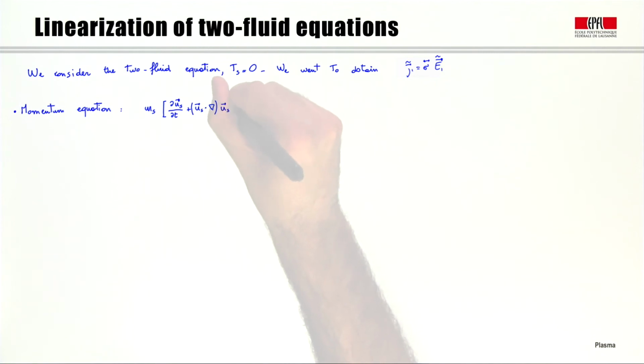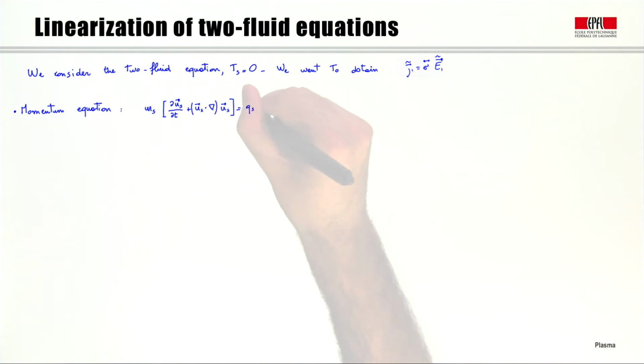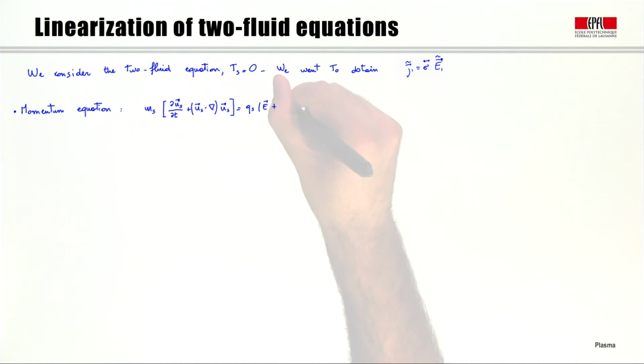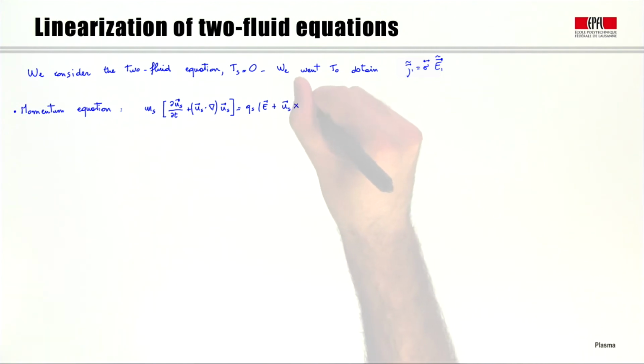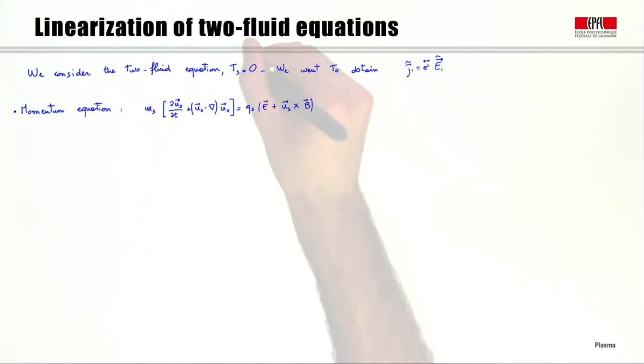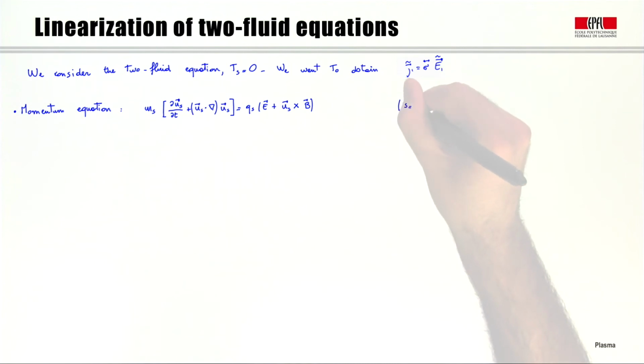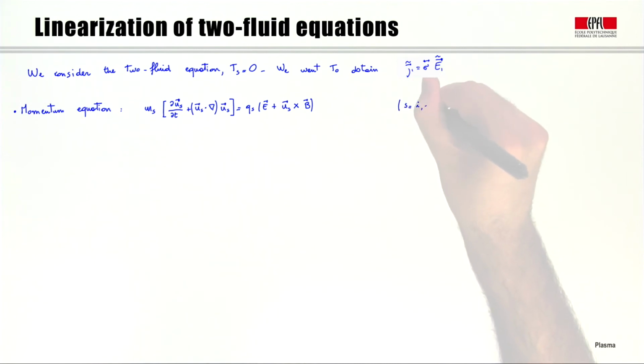We will neglect the pressure term according to the hypothesis of having the plasma temperature equal to 0. And this equation will be written for the species that are present in our plasma, which we will assume to be the ions and the electrons.